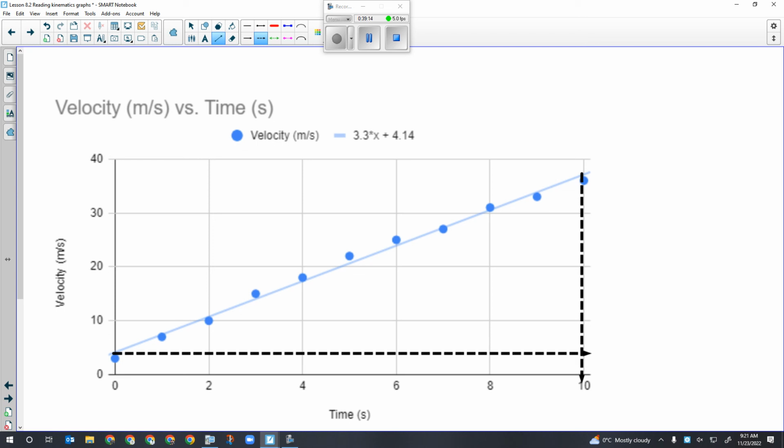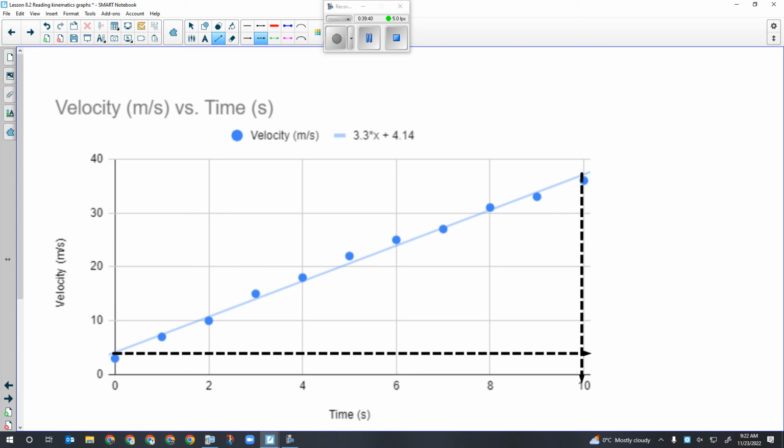Would I need to calculate the area of both shapes? I would. And here's why. Since this object didn't start at a velocity of 0, if it didn't accelerate, would it have covered the displacement represented by that rectangle first? It absolutely would.